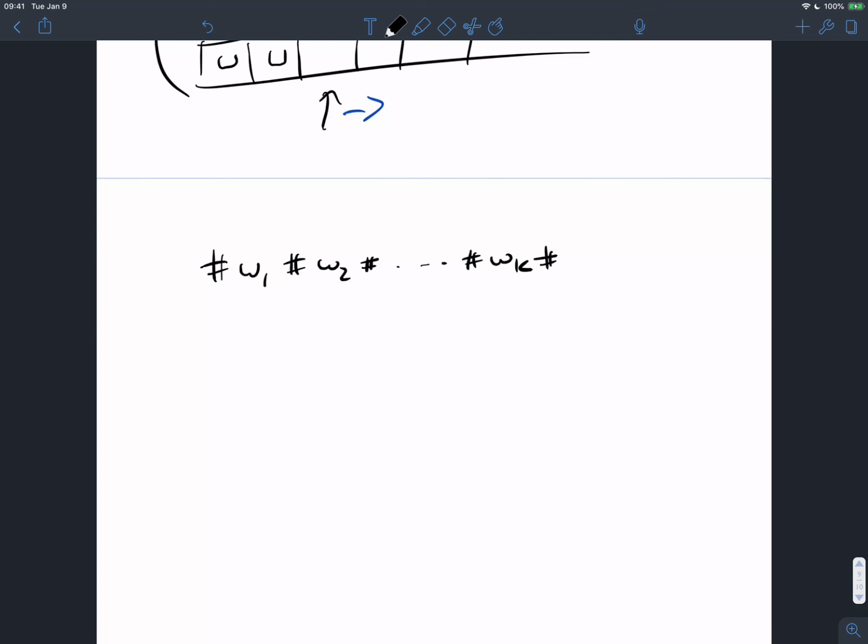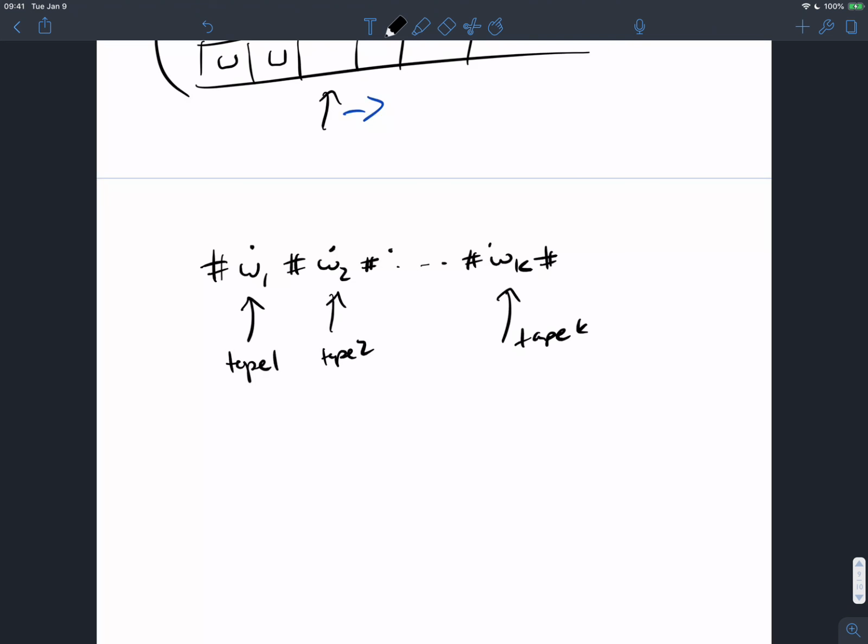This will be the contents of tape 1, contents of tape 2, and this is tape K. Then in a single transition, we have a dot on some character in each of the corresponding tapes that indicates where the tape head was on each of the tapes before.